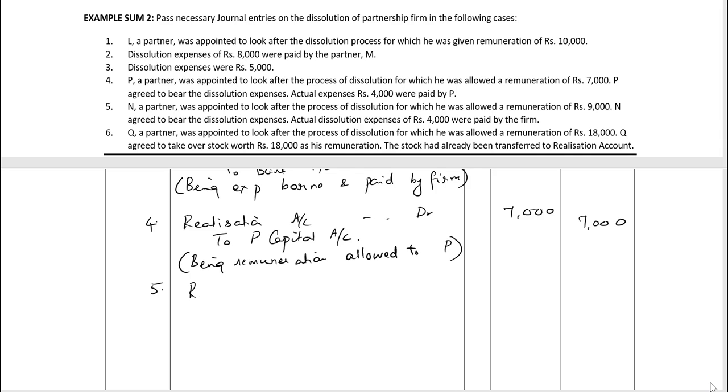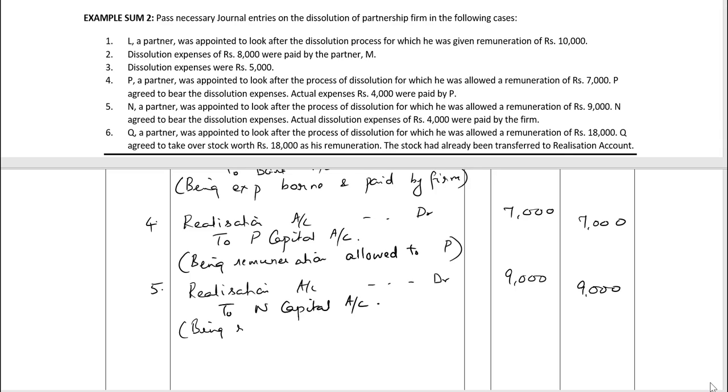So for the remuneration given, realization account debit to N, capital account, 9,000 rupees. Narration: being remuneration allowed to partner N.